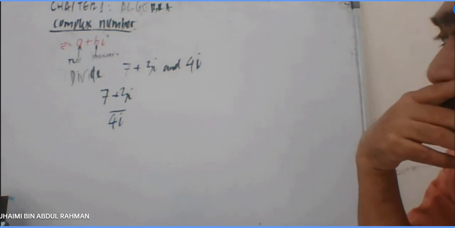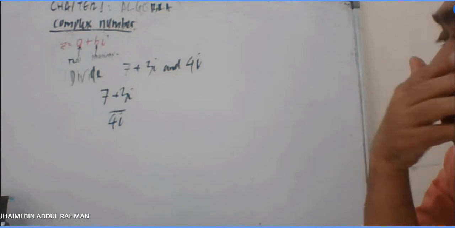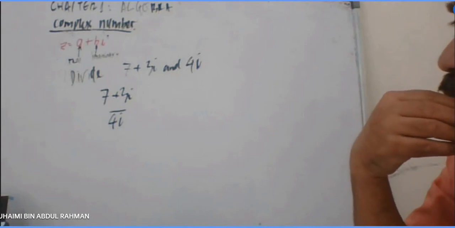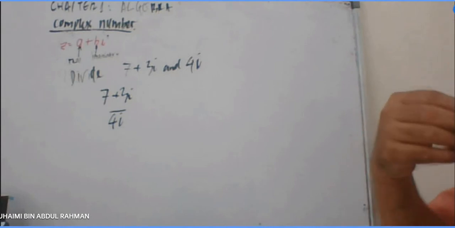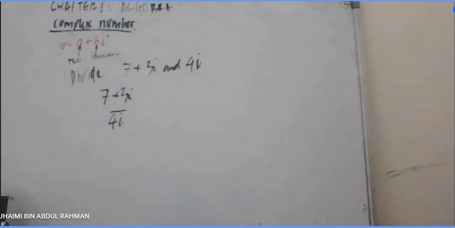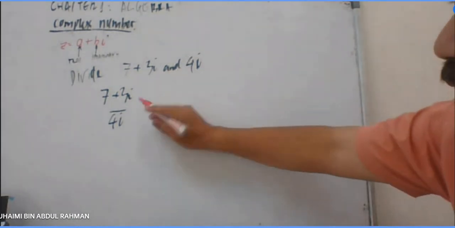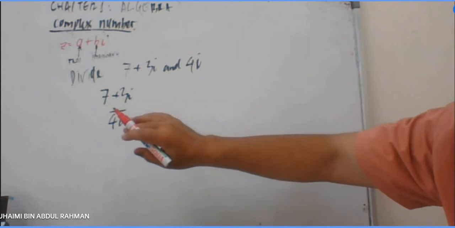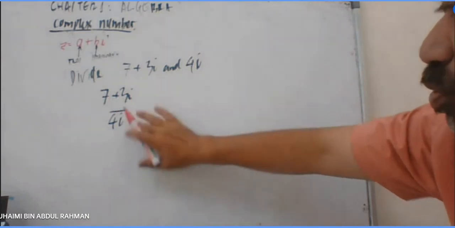Real and imaginary. So we have to multiply by the conjugate of 4i.